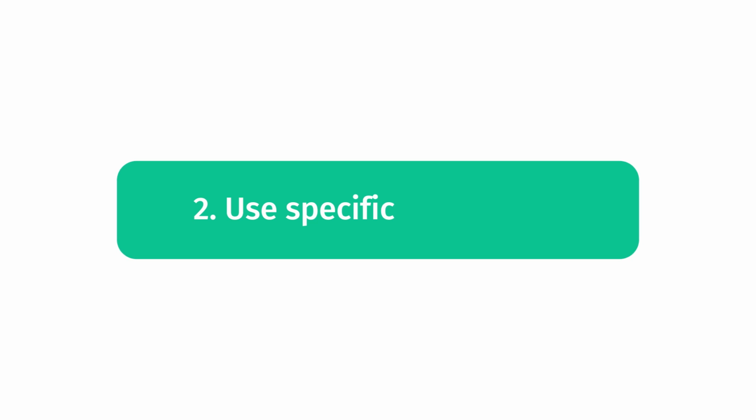Tip 2 is to use more specific vocabulary. This is really good for improving your score because it shows that you don't just know the normal words in English. You have more interesting language for specific situations. So let's take a look at our answer, and we've underlined 2 sections.